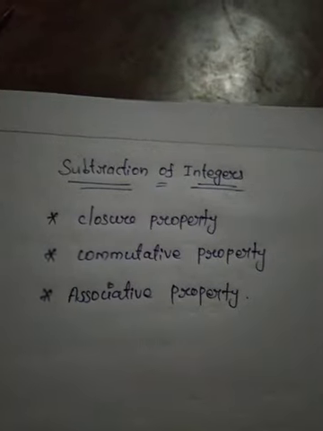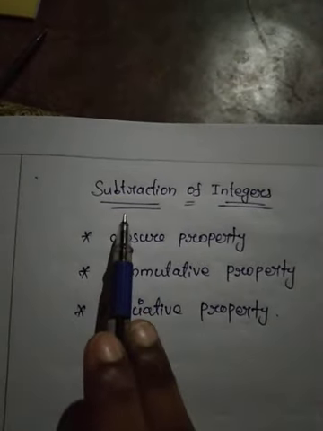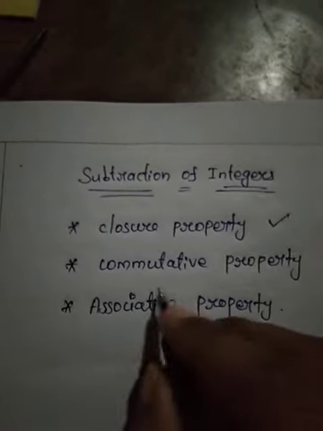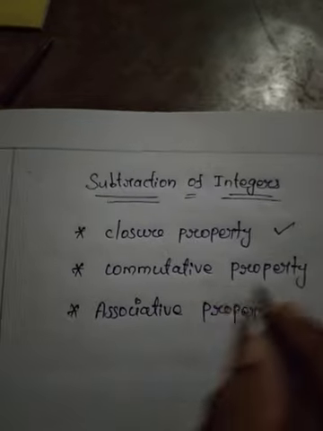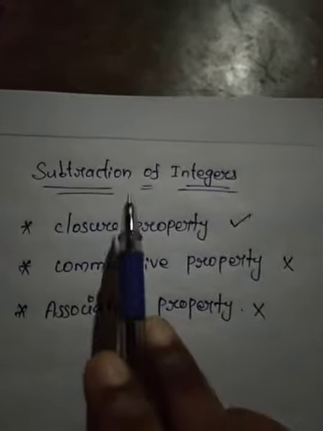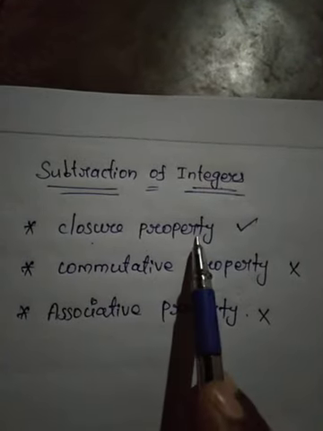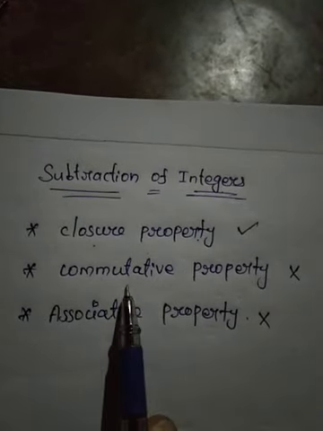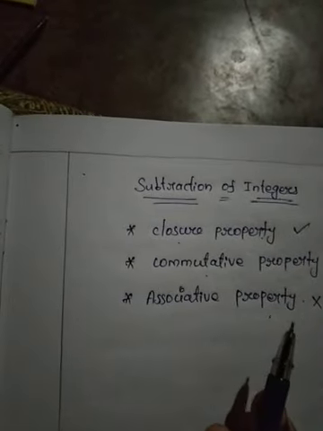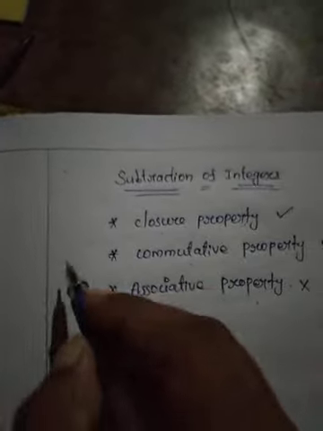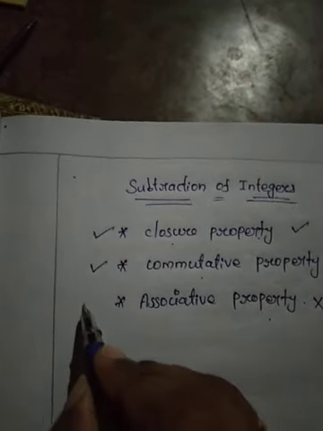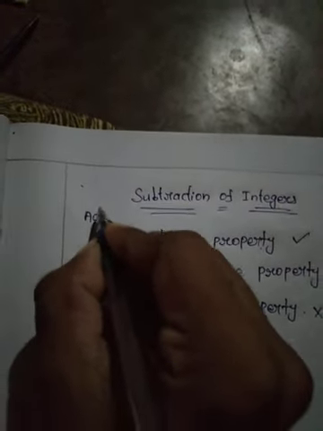So finally we have concluded that subtraction of integers satisfies the closure property, and does not satisfy the commutative property and associative property. Same thing, addition of integers satisfies the closure property, commutative property and associative property also.